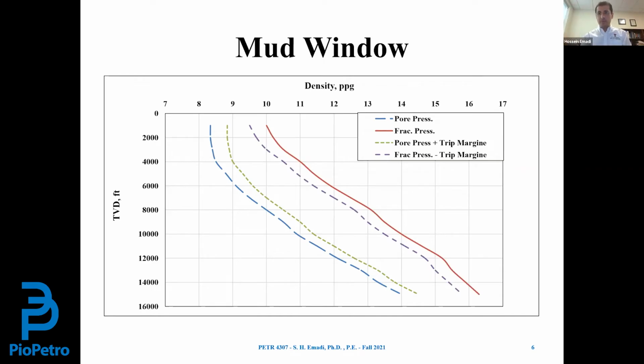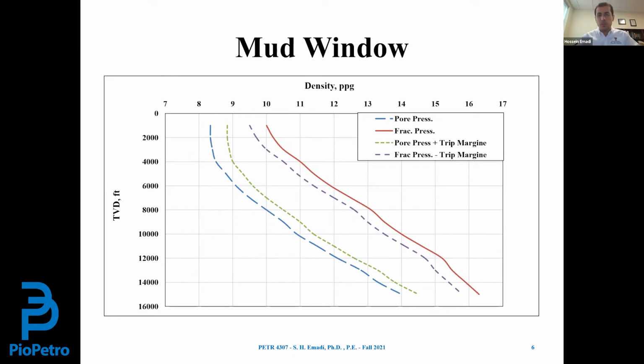When this happens, friction acts against the movement of the fluid, so it acts upward. So bottom pressure would be hydrostatic pressure minus the pressure drop due to friction. So bottom pressure will be less than the hydrostatic pressure. For that reason, we need to add trip margin.